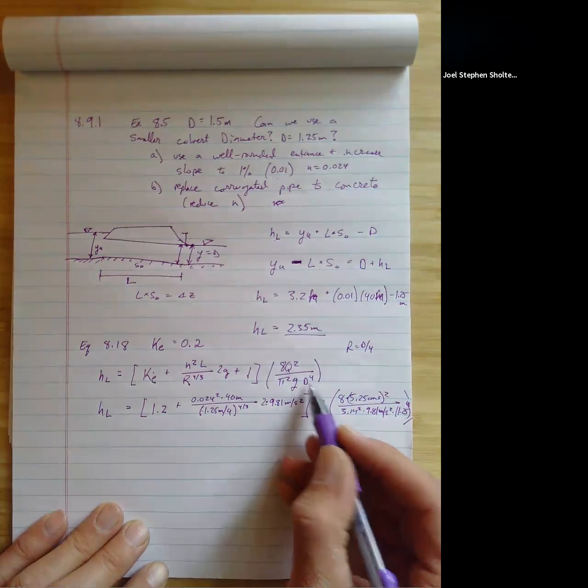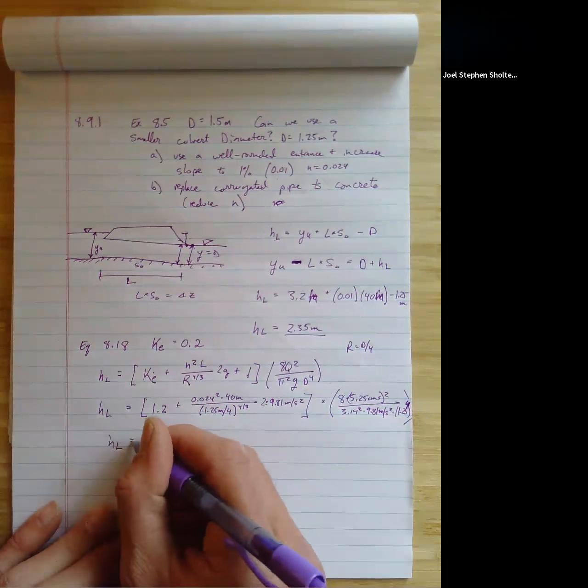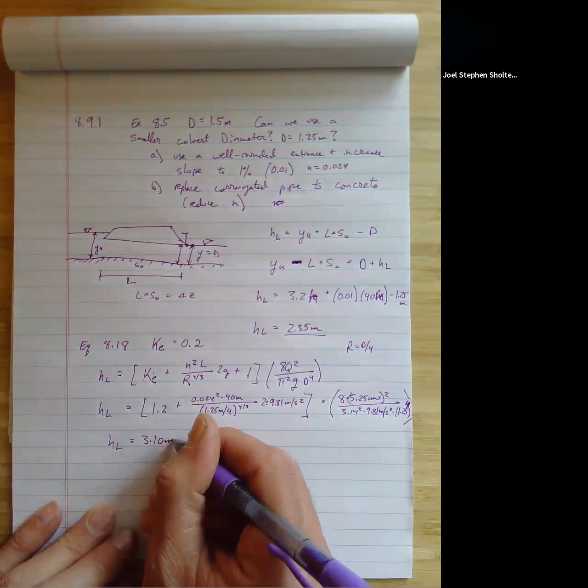So that's D to the 4th. All right, so we plug all those numbers in, we get head loss is equal to 3.10 meters.